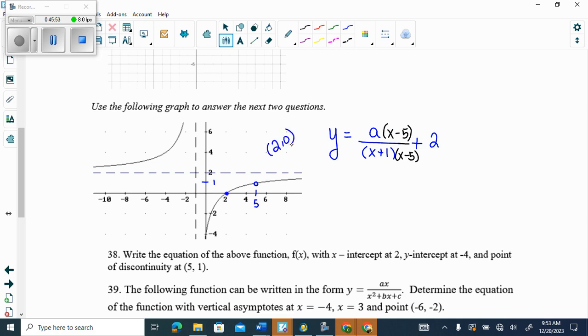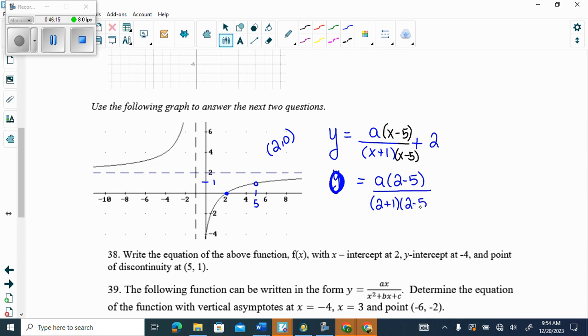These should not be hard equations to do, right? Should not be difficult if you know your rules. So you're going to go y is 0. 0 equals A times (2 minus 5) over (2 plus 1)(2 minus 5).